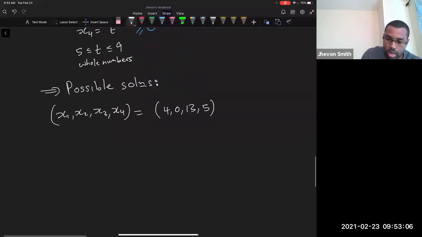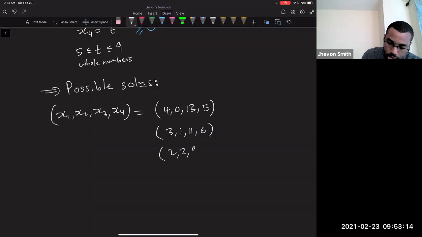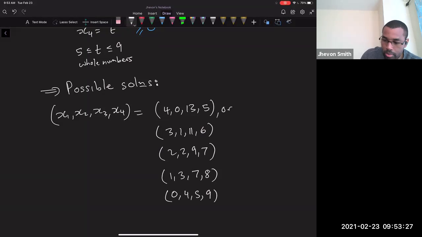Another possibility is 3, 1, 11, 6. That's if I plug in t equals 6. Another possibility is 2, 2, 9, 7. If I plug in t equals 7. Another possibility is 1, 3, 7, 8. So I plug in t equals 8. 0, 4, 5, 9 is what I get if I plug in t equals 9. Okay, so those would be the possible solutions.